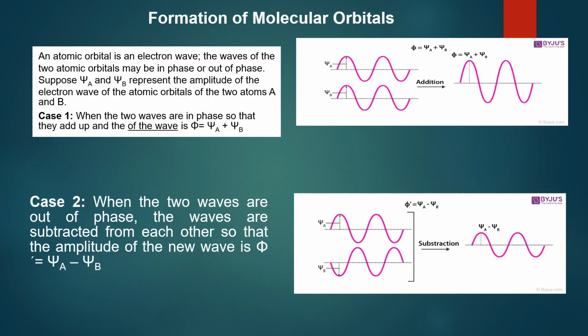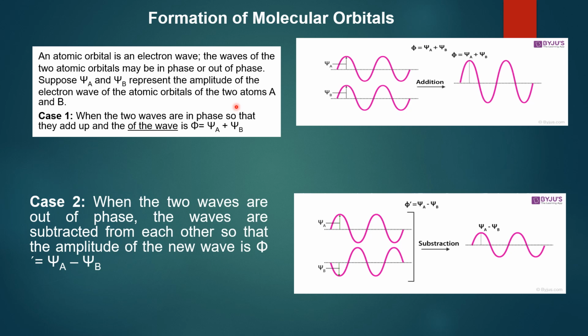Formation of molecular orbitals. There is a possibility of formation of two molecular orbitals, bonding and anti-bonding. Bonding molecular orbitals are obtained through constructive interference, whereas anti-bonding molecular orbitals are obtained through destructive interference. As we know, like an electron, orbitals also exhibit dual properties, wave-like and particle-like.